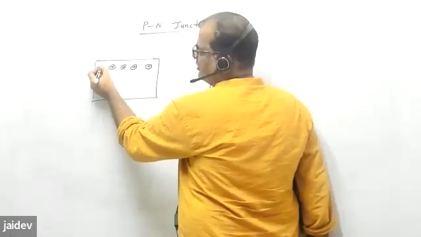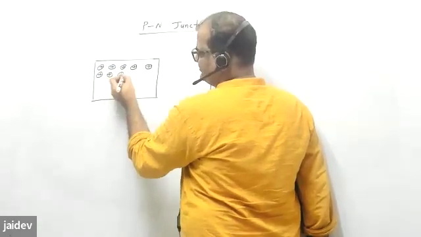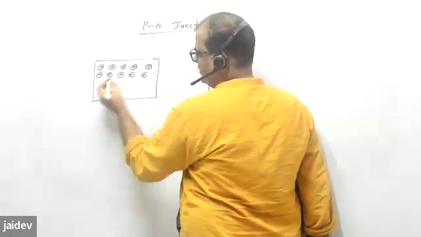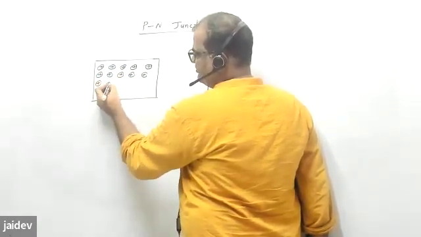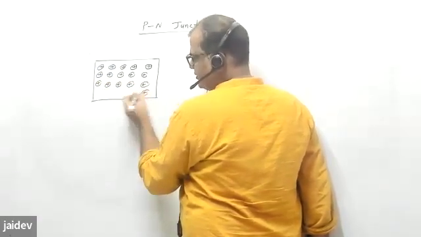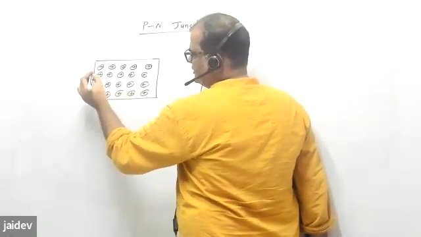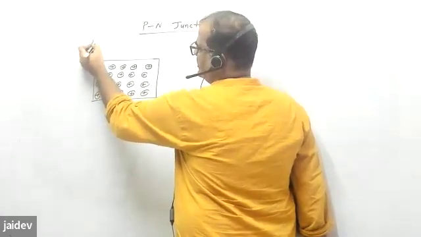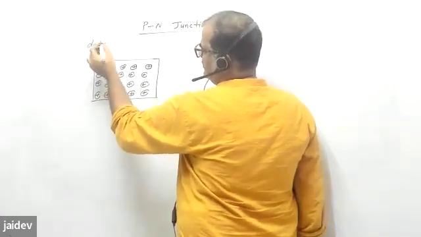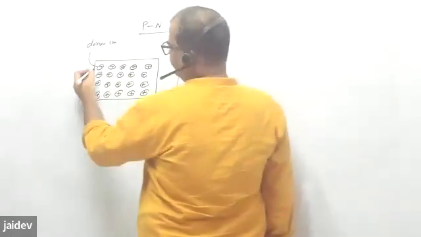This is not a hole. This is an ion fixed in the lattice, because the fifth group element impurity gets ionized. This is the donor ion, or donor impurity.